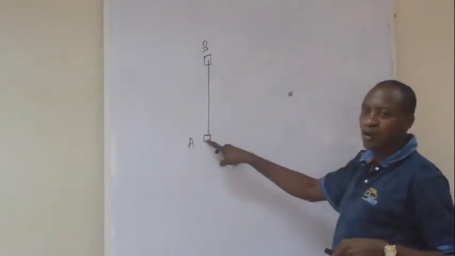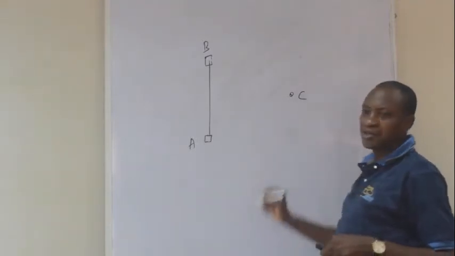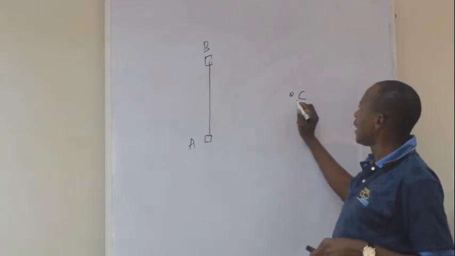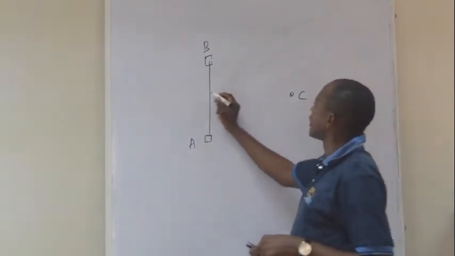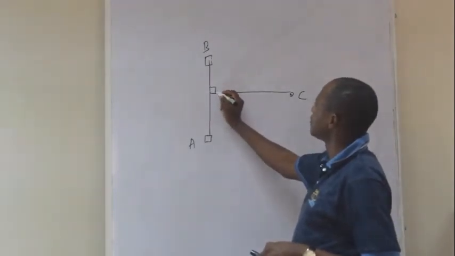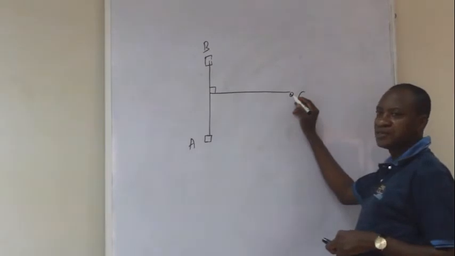This A is known, this B point is known, but this point C is not known. In order to locate this point, to fix this position and to describe it very well, we can go this way. You can take an offset, a perpendicular line from this to this.